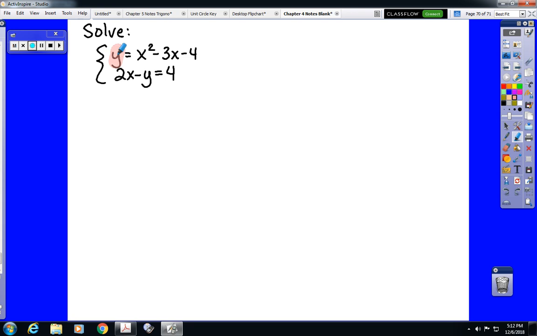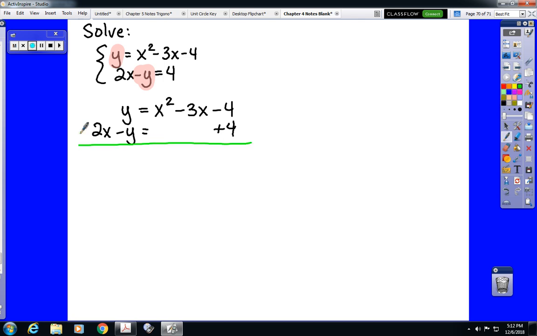Because again, all you're going to be doing is adding these two equations together because you have a positive y and a negative y on the left side of each equation. So again, we would go in here and we would write out the first equation, and then when we write the second equation, we would line up like terms. So when we go to eliminate, we add down, the y's cancel, and the 4's cancel, which actually makes this a much easier factoring problem.